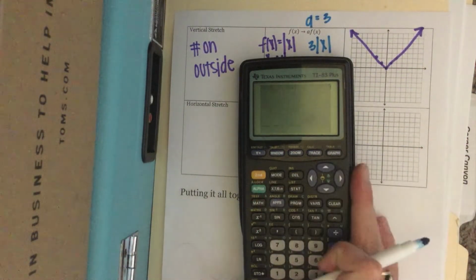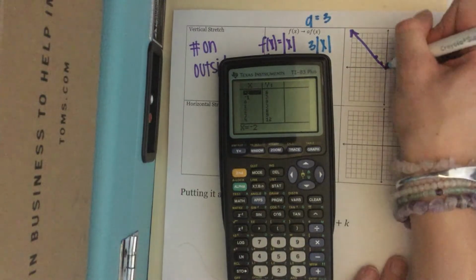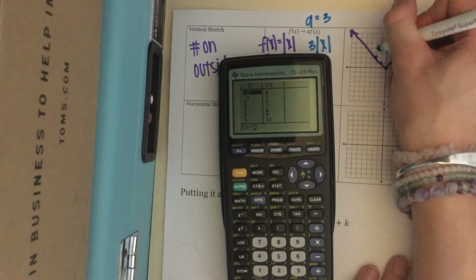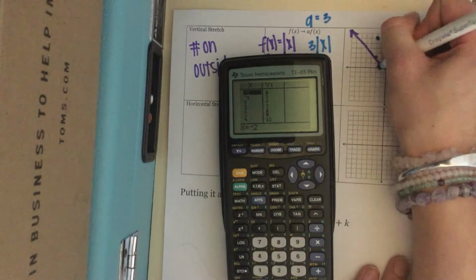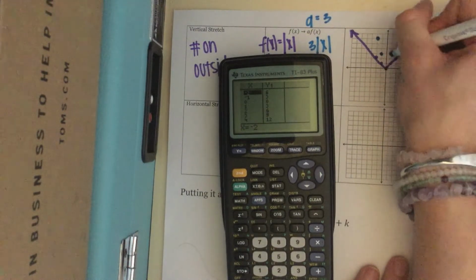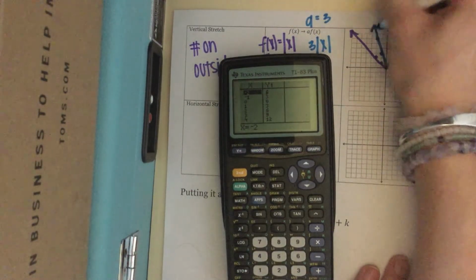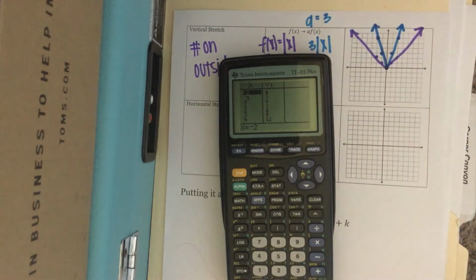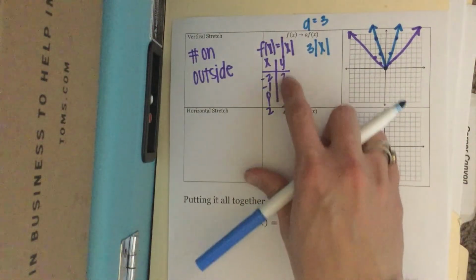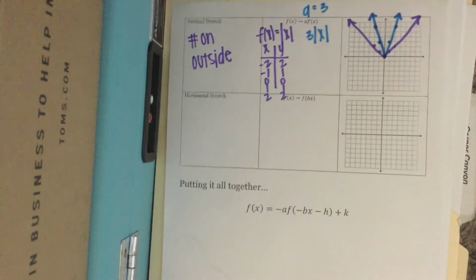Then we can go to our table, and then we can just graph these points. So -2, 6; -1, 3; 0, 0; 1, 3; 2, 6. Cool. Notice that these values just got multiplied by 3. That's all that happened there.